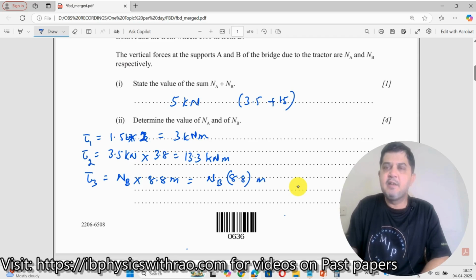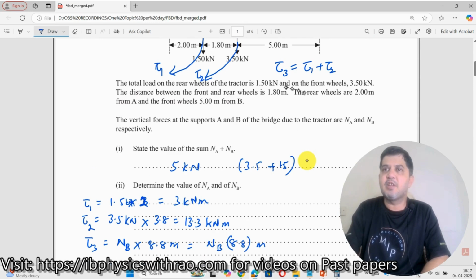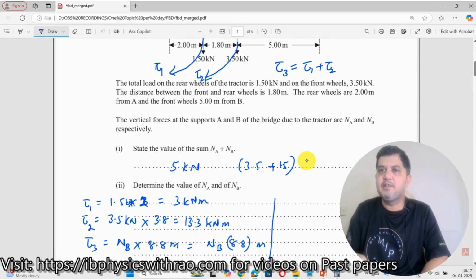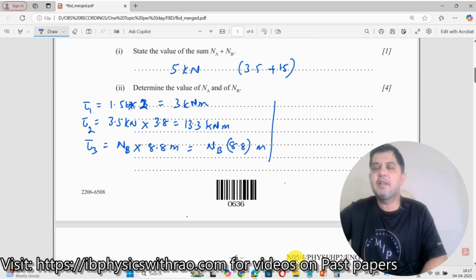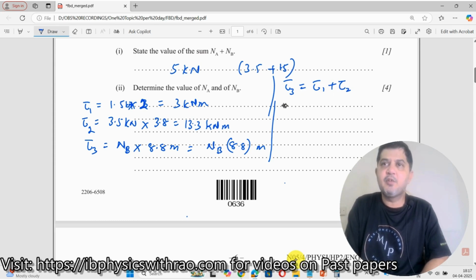We have already said that since rotational equilibrium is seen, tau 3 equals tau 1 plus tau 2. Let us apply this rule over here and try to solve it. So tau 3 is equal to tau 1 plus tau 2, which should now be NB into 8.8 is equal to 13.3 plus 3, which is 16.3.